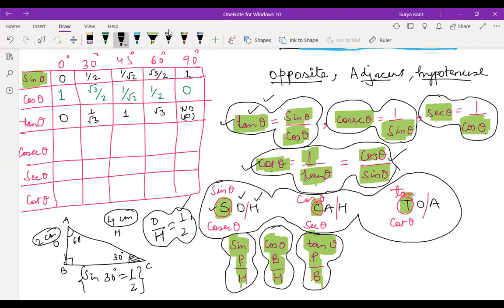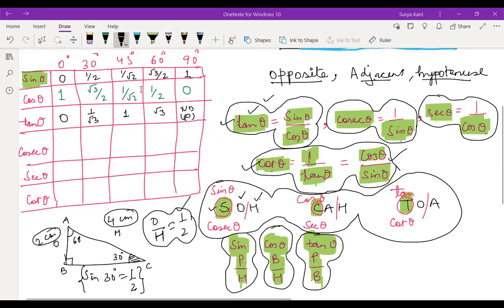So how is this coming? Tan 30 degrees equals 1 by root 3. Chanchal, why does tan 30 degrees equal 1 by root 3? Sine upon cos.